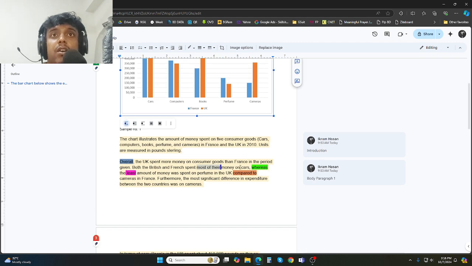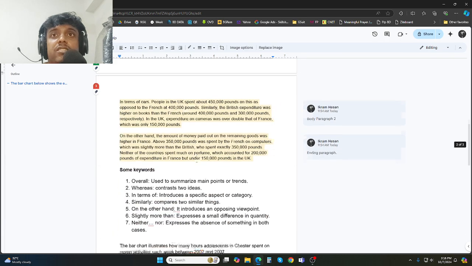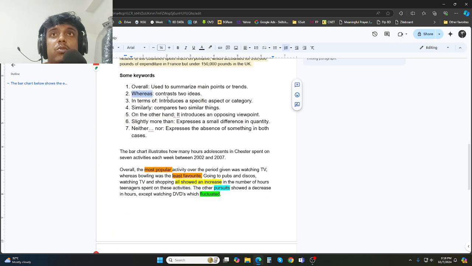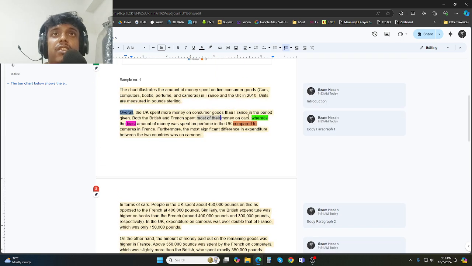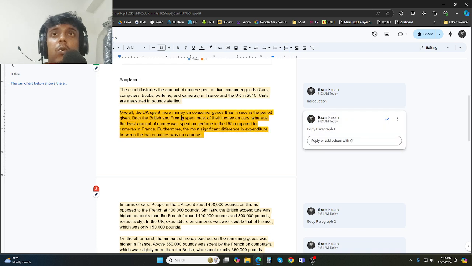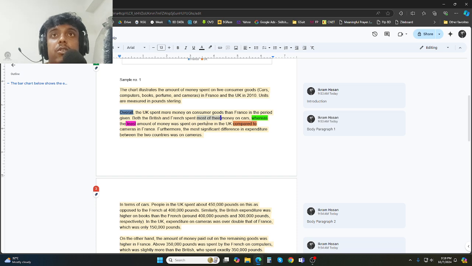Next, also whereas. We use whereas to contrast two ideas. So contrast, what is contrast? The difference. Over here we are explaining that most of their money was spent on cars, then we are using whereas. The least amount, then we use the least amount of money was spent on perfume.